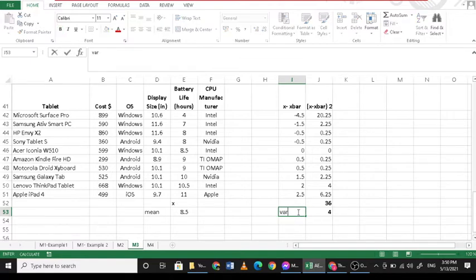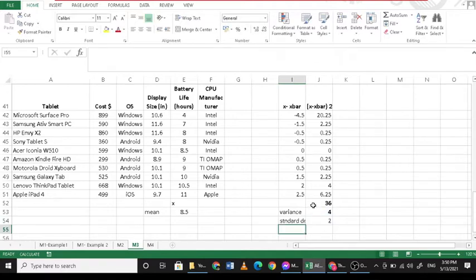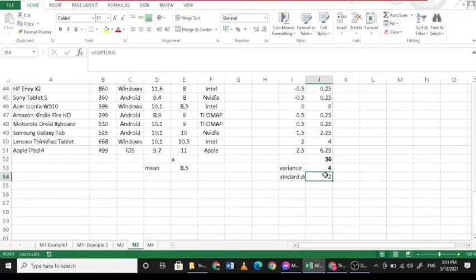To get the standard deviation, you simply get the square root of this value, 4. So the variance is 4, and the standard deviation is 2.